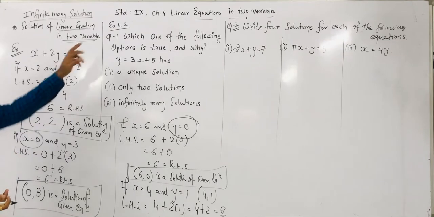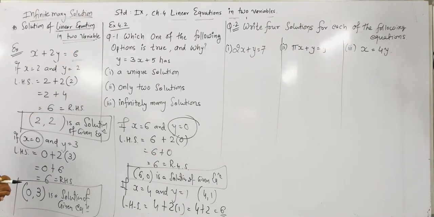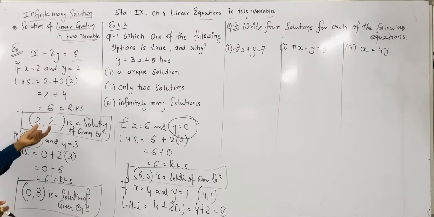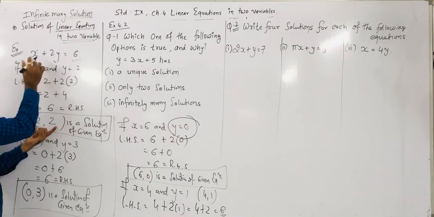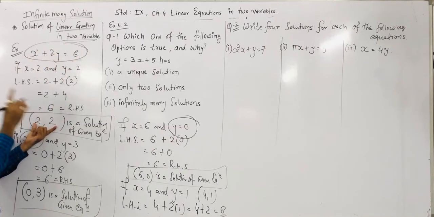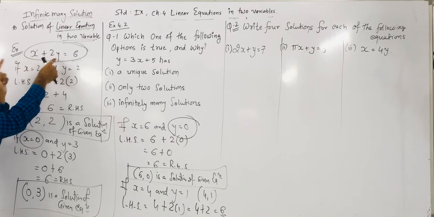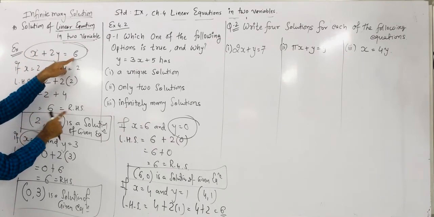Another thing, some types of questions are given in exercise 4.2. They may give a solution of the equation and say verify. So what do we have to do? If a question says x = 2 and y = 2 is a solution of that equation, verify it, we put the x value and y value in the left hand side and check whether its value is equal to the right hand side or not.